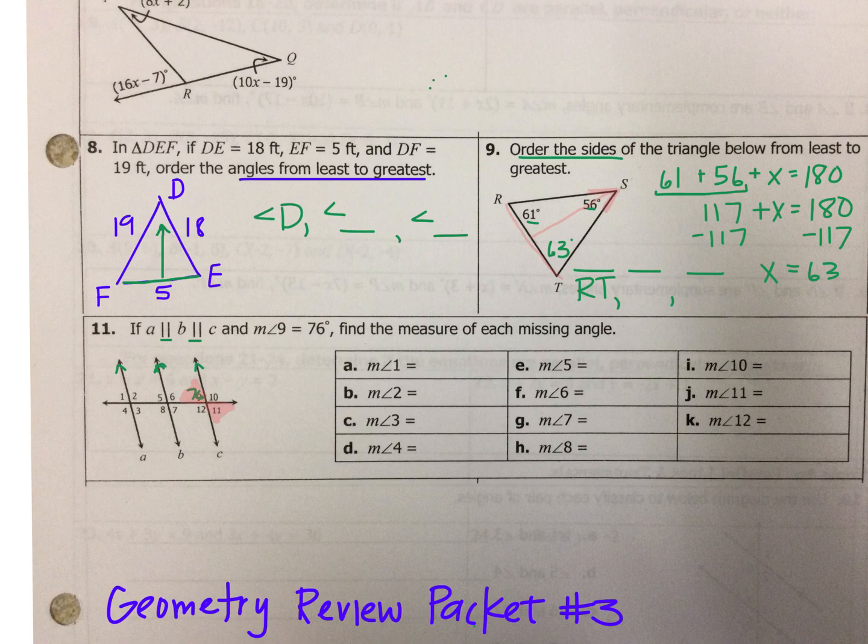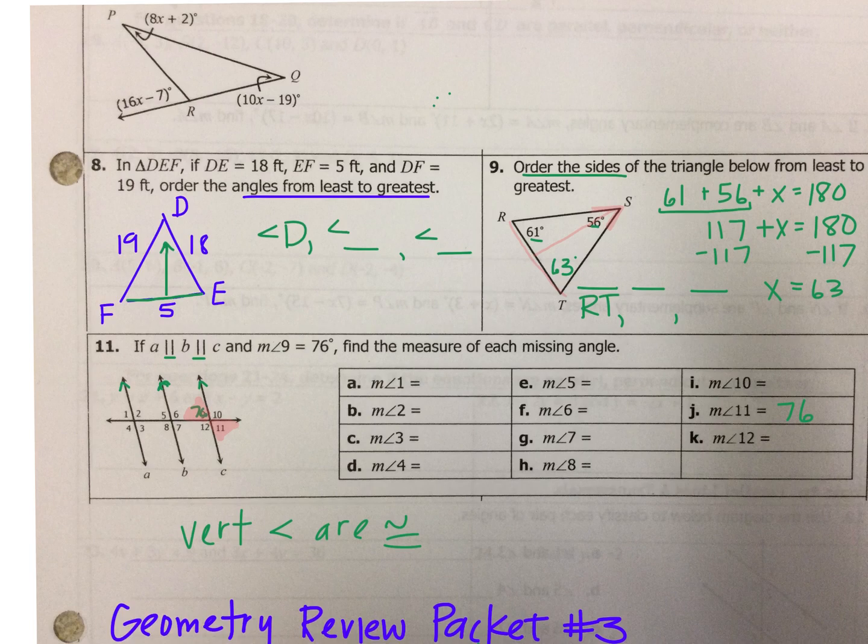And they're vertical angles. And what we remember about vertical angles is that vertical angles are congruent. So if 9 is 76, 11 has to be 76.